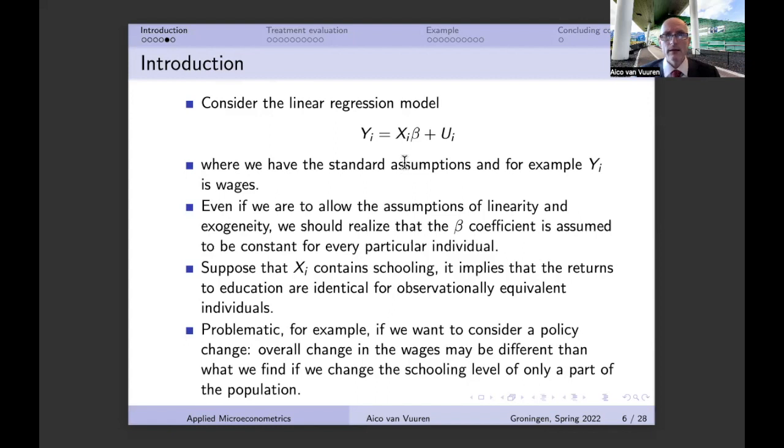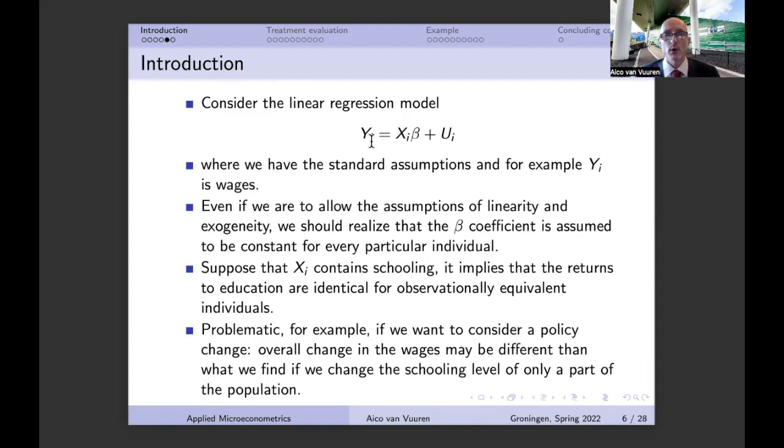And that is that what we are going to assume here is that, of course, x has an impact on y. That's generally the case because x is a right-hand side variable. But what we're going to assume by this equation is that the impact that x has, any kind of x has, is exactly the same for every individual.